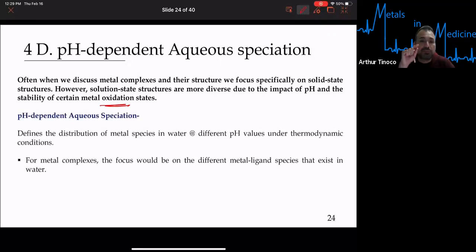So when we're talking about this pH-dependent aqueous speciation, we're really talking about the distribution of metal species in water at different pH values under thermodynamic conditions. So for metal complexes, the focus would be on the different metal ligand species that can exist in water.